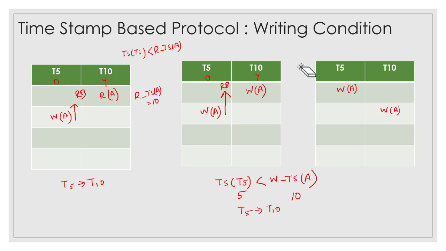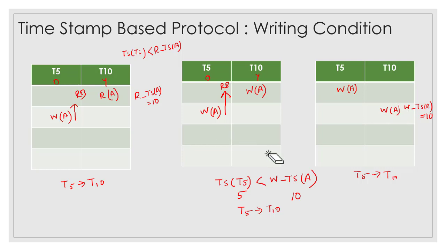There is no problem with that one, because I am not hampering that the serial schedule will be T5 followed by T10. So I am going to allow that one. And now my write timestamp of data item A will be 10. That is the transaction which is performing the write operation on the data item A.